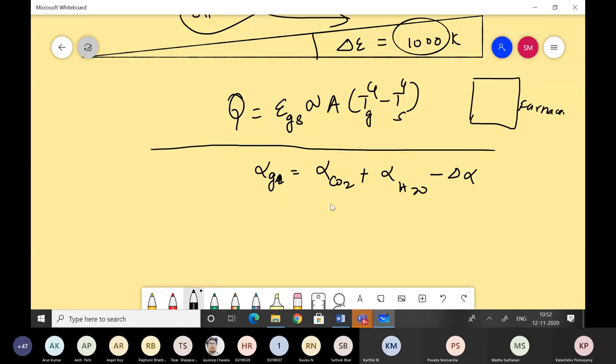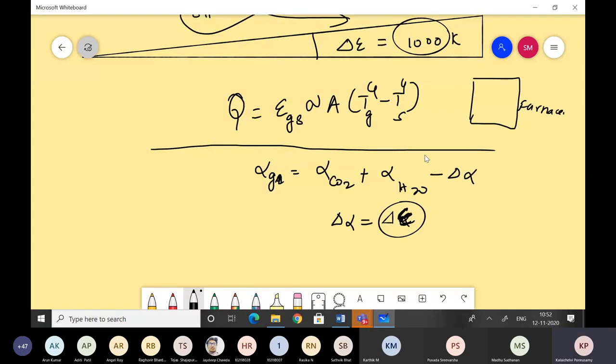And so this absorptivity is equal to, sorry, this is emissivity. You know how to calculate this emissivity, right? How will you get delta epsilon?